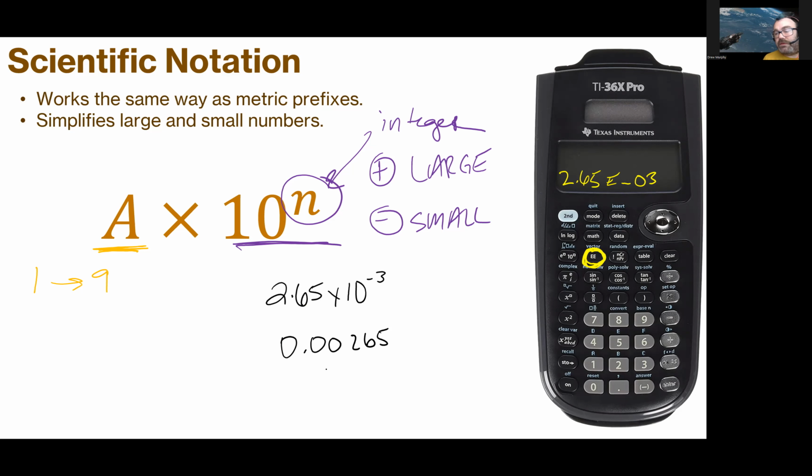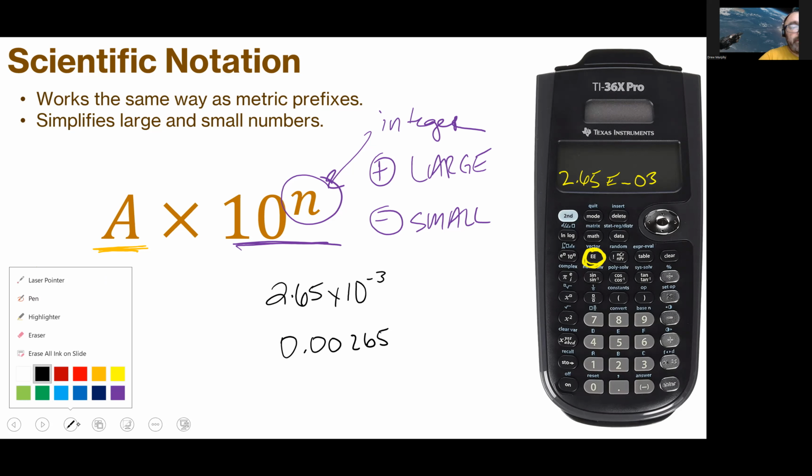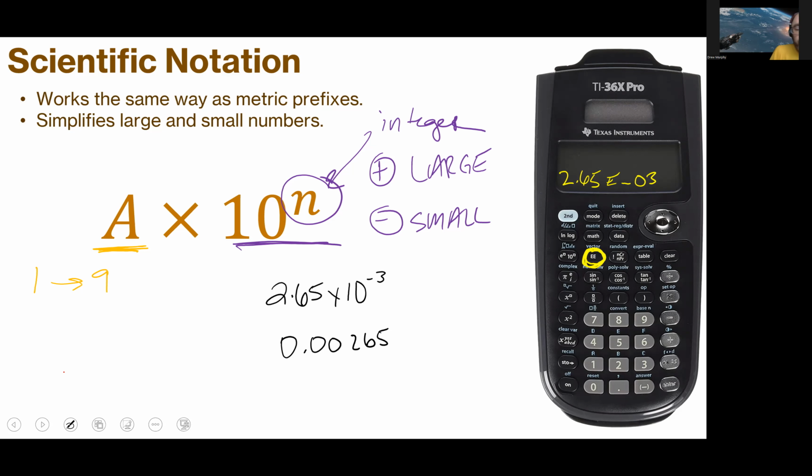But let's talk a little bit about what this means, right? This is going to work the same way as we saw in the metric prefixes. So if we had 6.7 times 10 to the 3, we know that's going to be a positive number, that's a positive exponent, so we have a large value. Times 10 to the 3 is 1,000, so we're essentially doing 6.7 times 1,000, which is 6,700, okay?